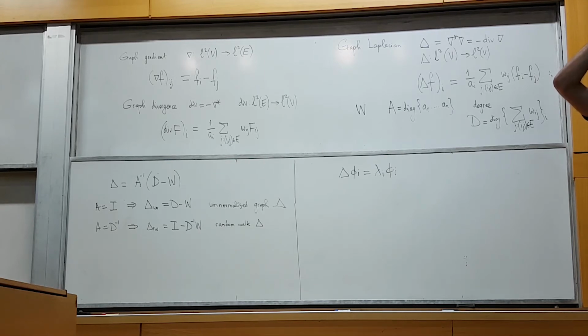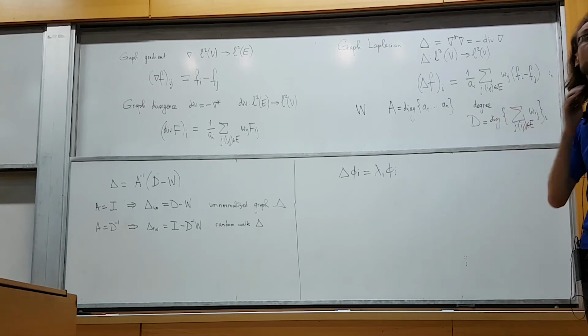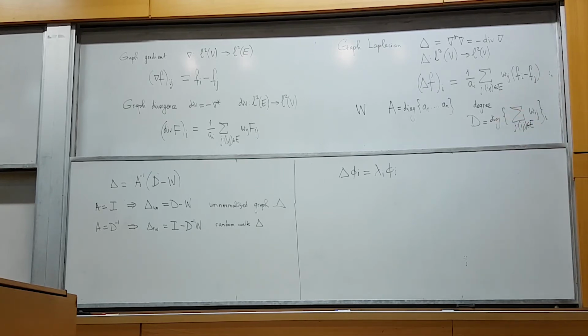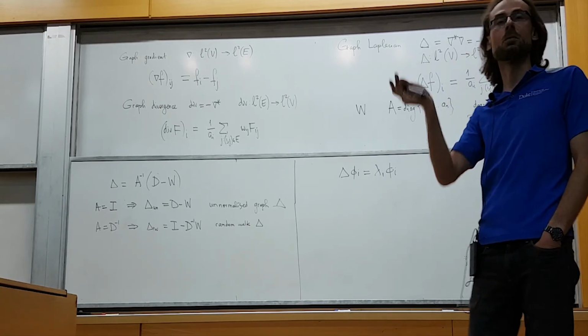What is the implication of being self-adjoint, or think of it as a symmetric matrix, in terms of this eigendecomposition? Real eigenvalues, okay, good. What else? What can you tell about the eigenfunctions, eigenvectors? Orthogonal, right? Okay. So, do I need to prove this, or is it obvious?